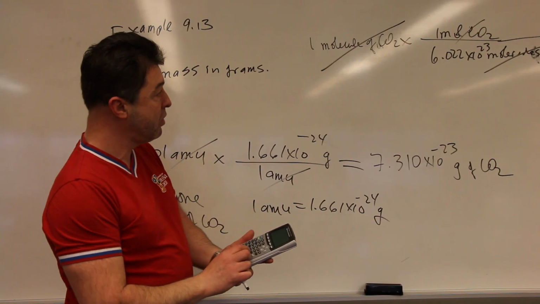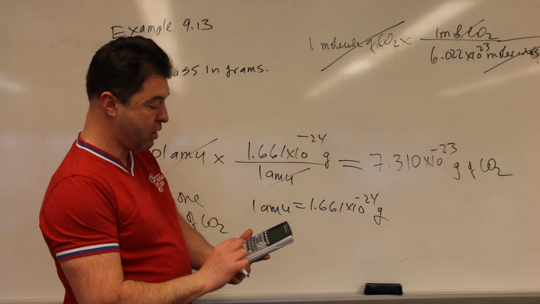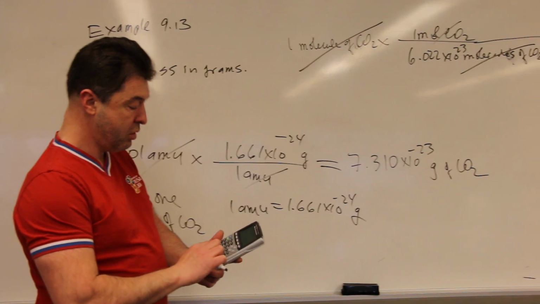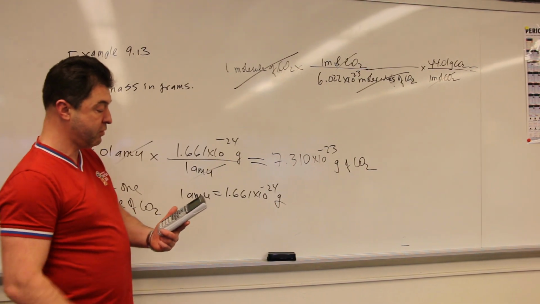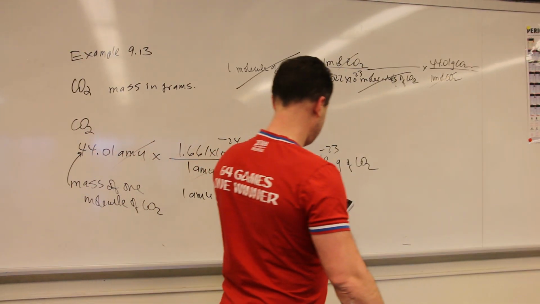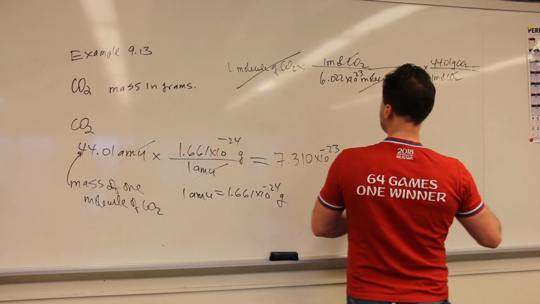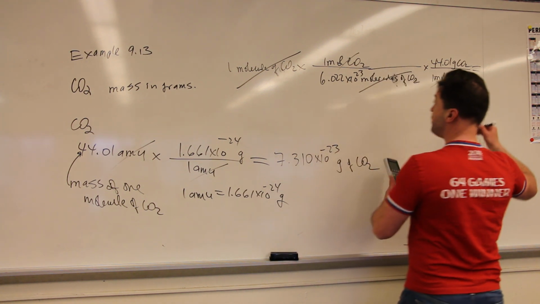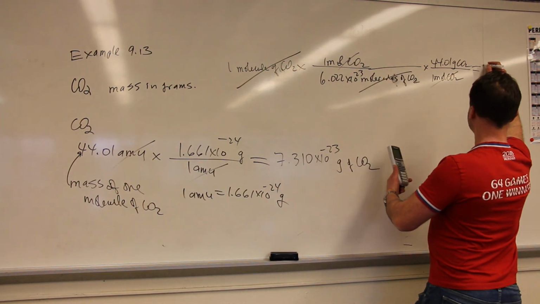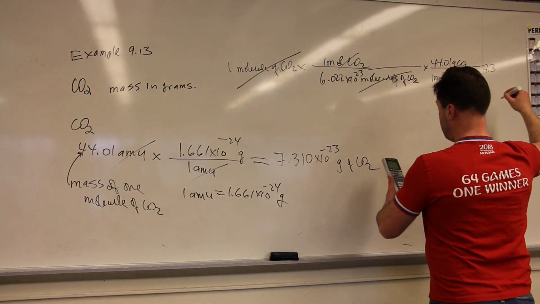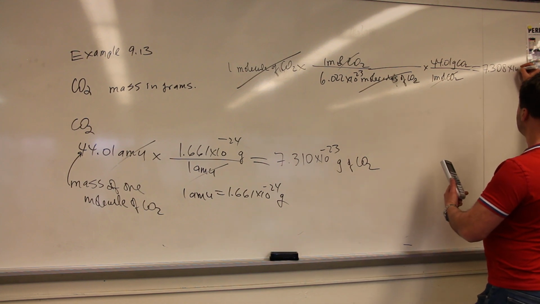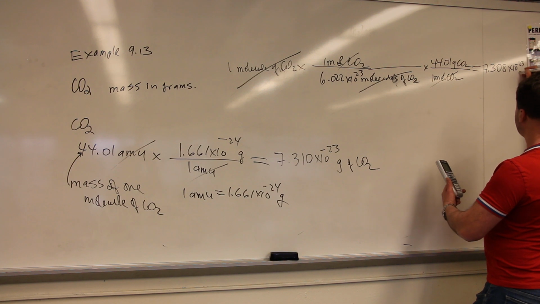That would be 44.01 divided by 6.022 times 10 to the positive 23, and so I got, with 4 significant figures, 7.308 times 10 to the negative 23 grams of CO2.